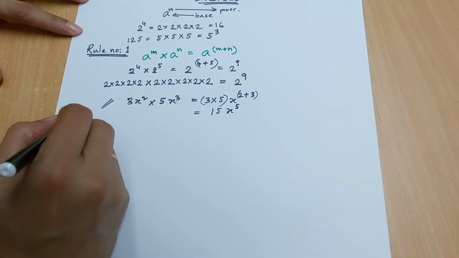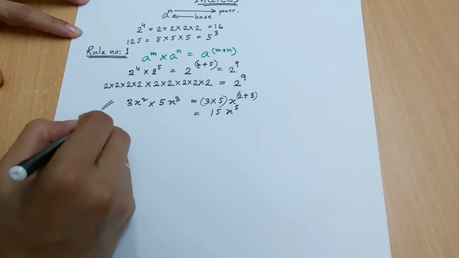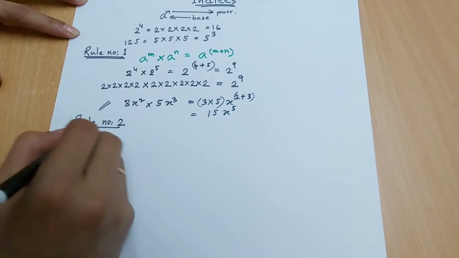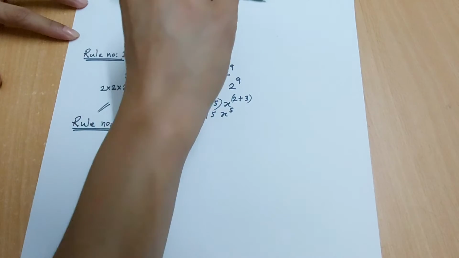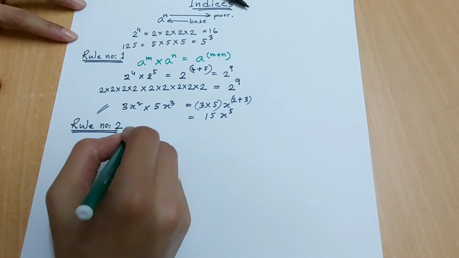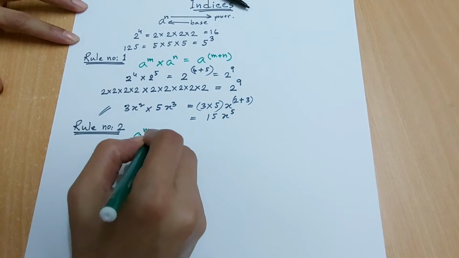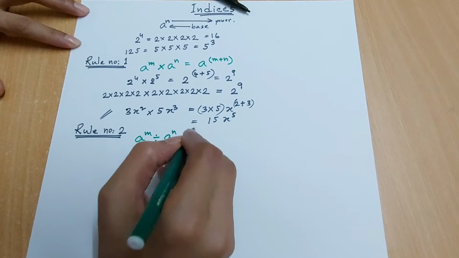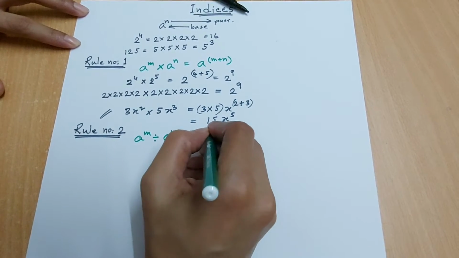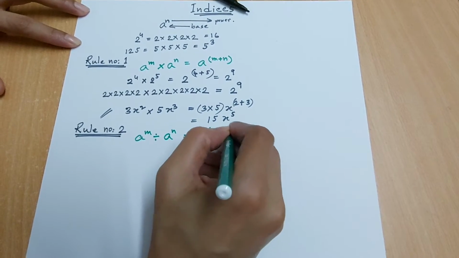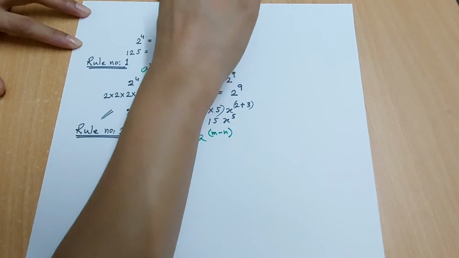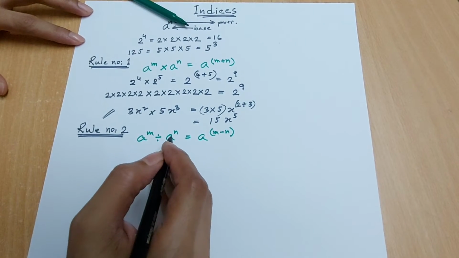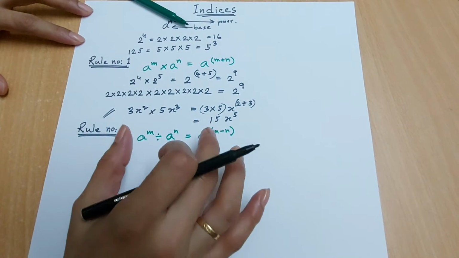Now rule number 2. Rule number 2 is a power m divided by a power n equals a power m minus n. That means when we divide the same bases, we just subtract the powers.